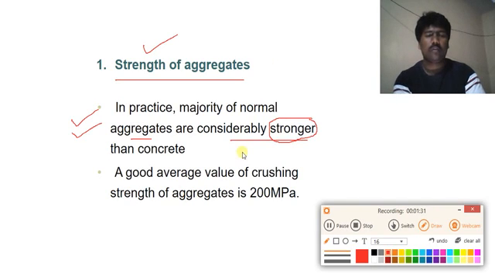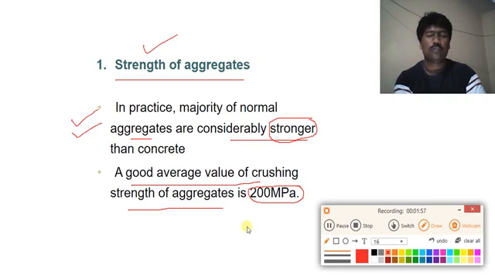Now here we are simply giving a basic idea about the strength of aggregate and what should be the minimum value for the aggregates to be used in practical applications. A good average value of crushing strength of aggregates is 200 megapascal.